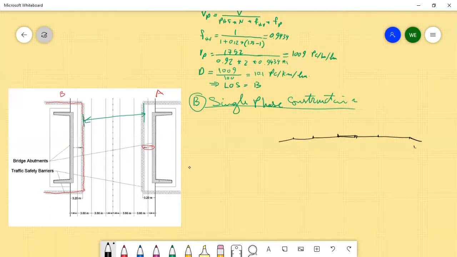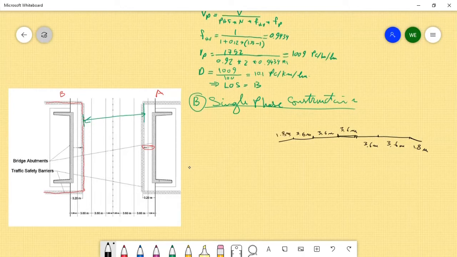So this one is 1.8, the lanes are 3.6 meters, and the median is 3.6 meters also, and we have a 3.6 meter lane, a 3.6 meter lane, and here's 1.8 meters.